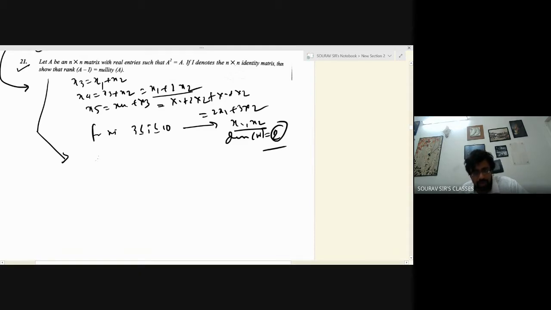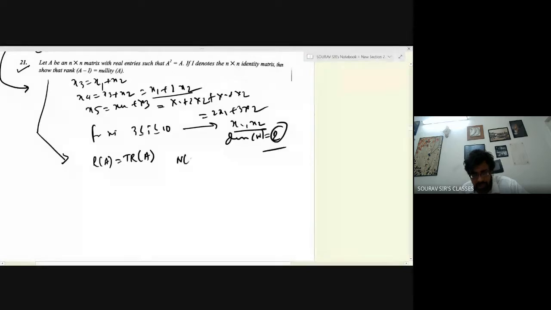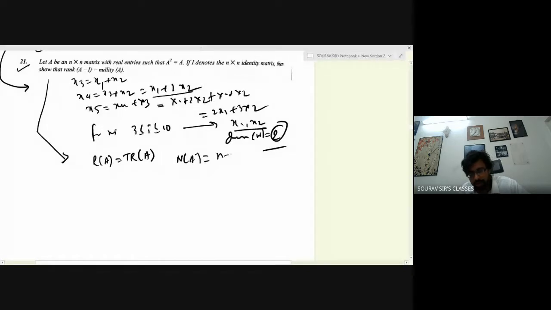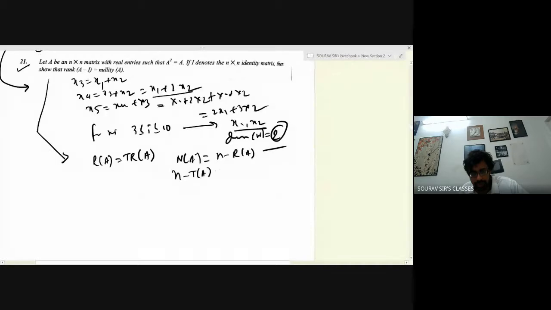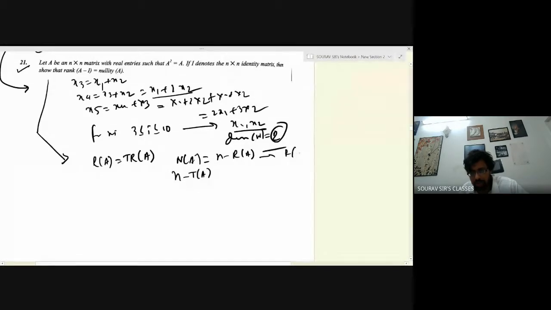Rank of A equals trace of A. Then nullity of A is what? N minus rank of A, since rank plus nullity equals N here. So N minus trace of A, by the rank nullity theorem.